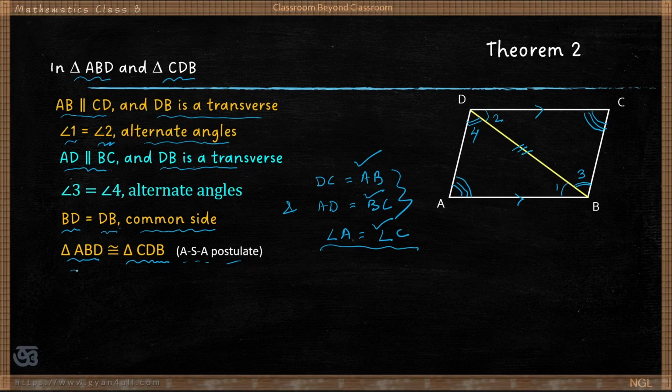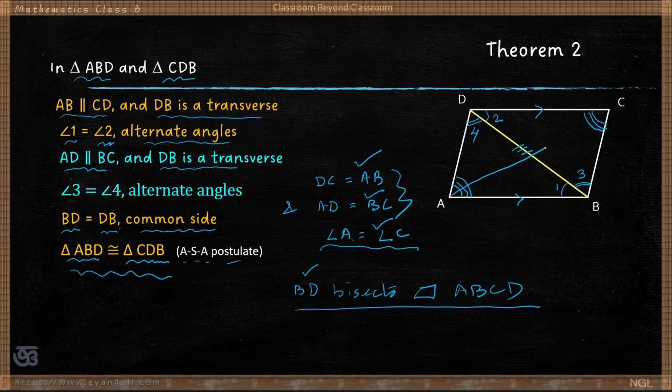Since these are congruent triangles, the parallelogram is bisected by the diagonal BD. Similarly, if we draw a diagonal, say AC, we can prove that AC also bisects the parallelogram into two equal triangles.